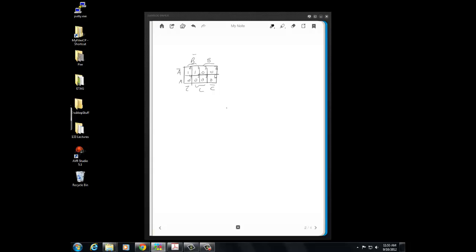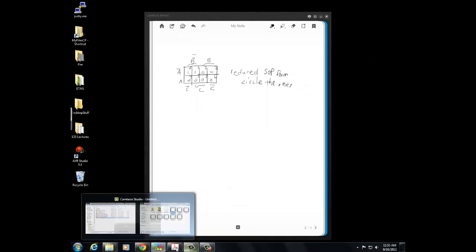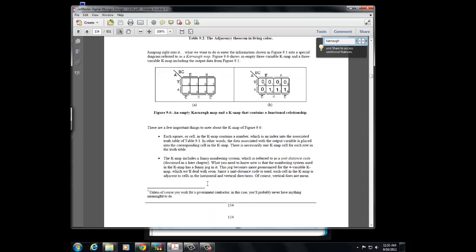And so what you do now in a K-map for a reduced SOP, and later you'll see we're going to do a reduced POS, but for reduced SOP form, you're going to circle the 1s. Now in the textbook it provides you all these rules for how you go about circling. So let me bring that up.